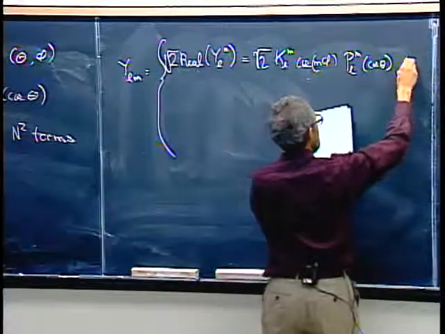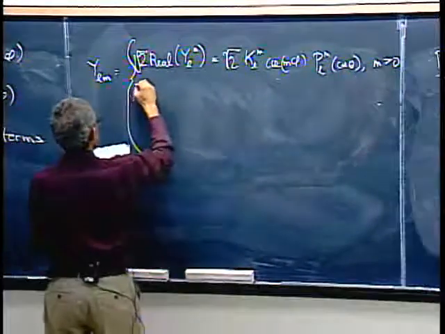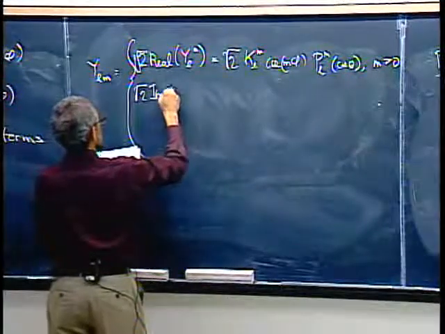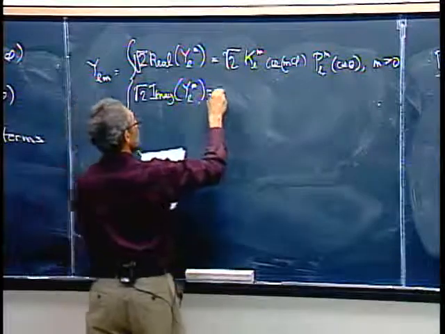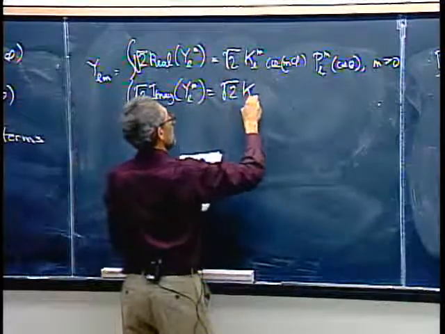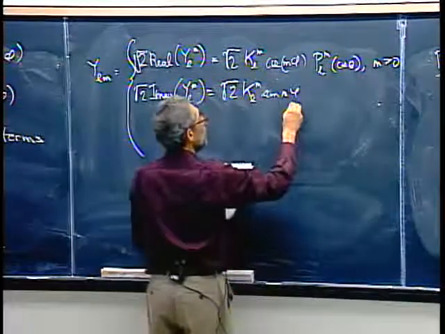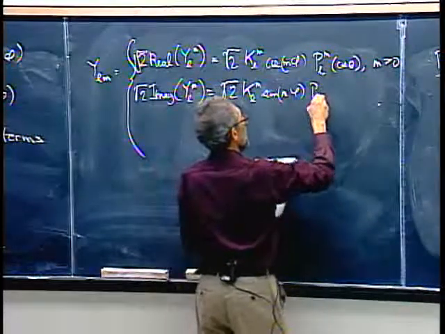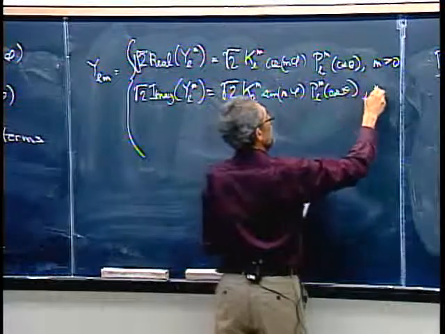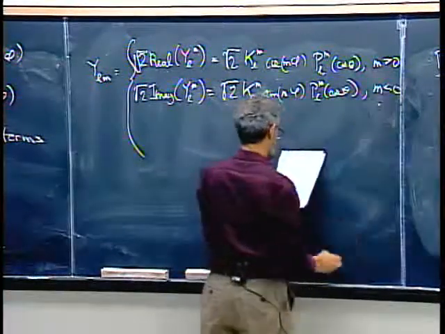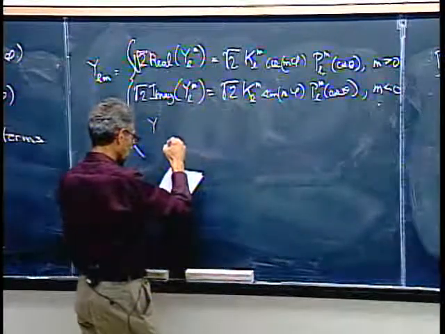That's for m greater than 0. And it's the square root of 2 times the imaginary part of Y_lm, K_lm, and then we have sine m phi P_lm cosine theta, and that's for m less than 0.